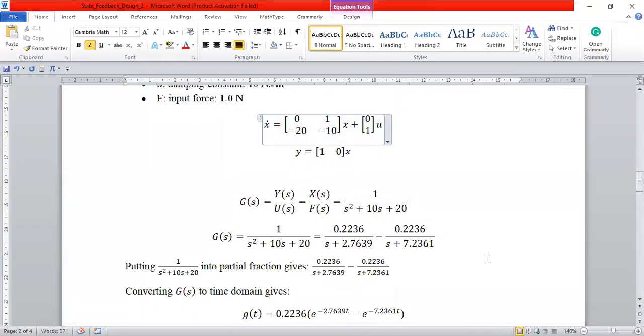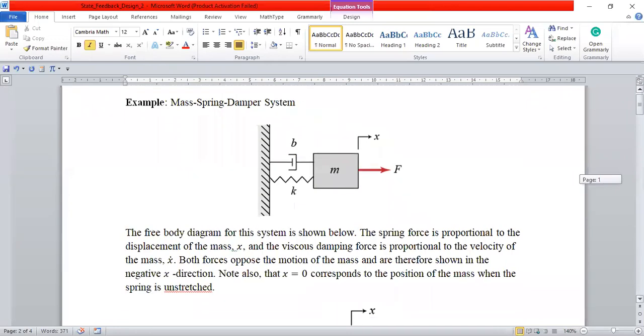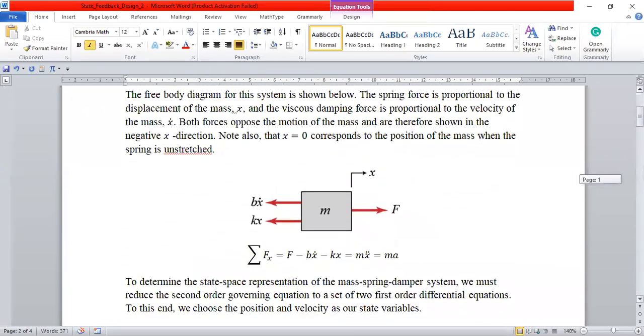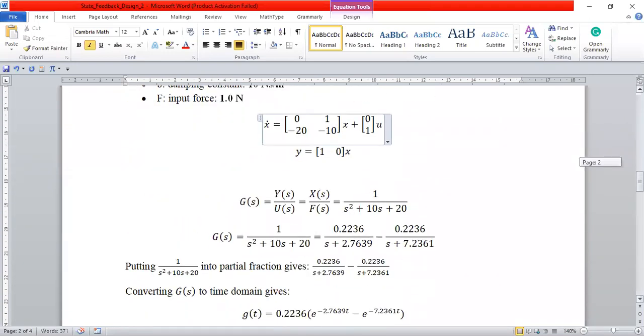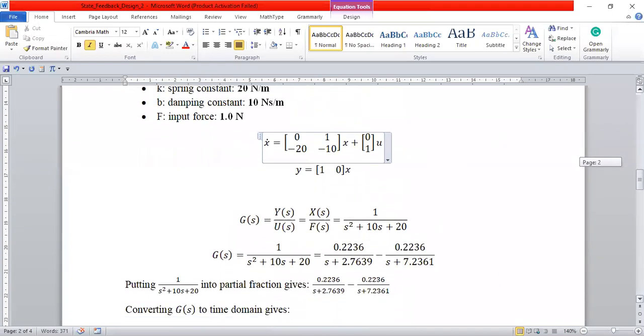Now, because this course is on the discrete time domain, we want to be able to represent the mass spring damper system in the discrete time domain. So I'm doing all of this so that I'm starting from somewhere, then I'm going to end at the discrete time domain.